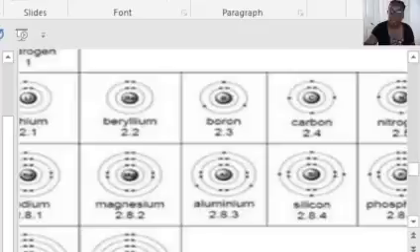And then we said the second shell holds a maximum of 8. So they are paired up, and the first and second shells are maxed out. But look at this. Aluminum has an atomic number of 13. So there are 10 accounted for already based on the shells, but there are three more.